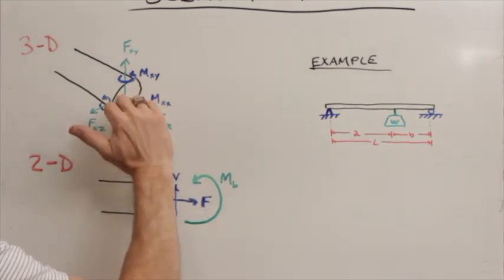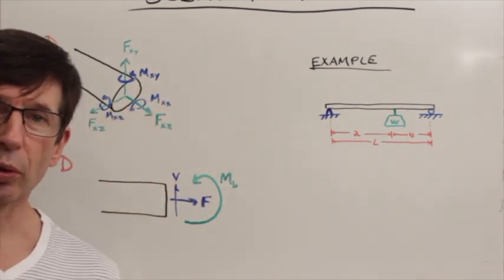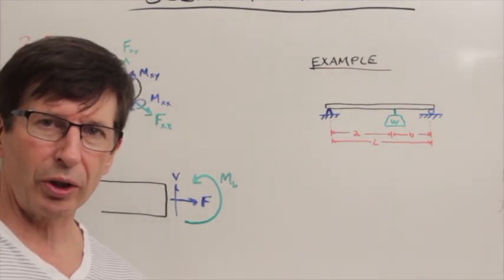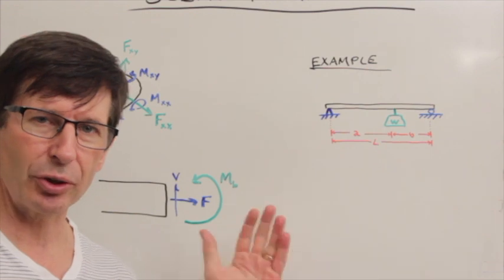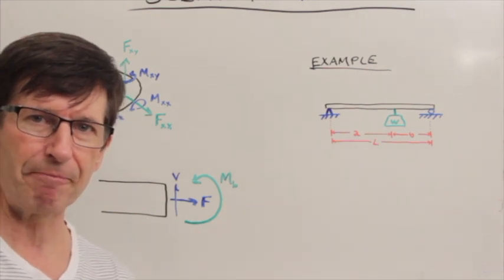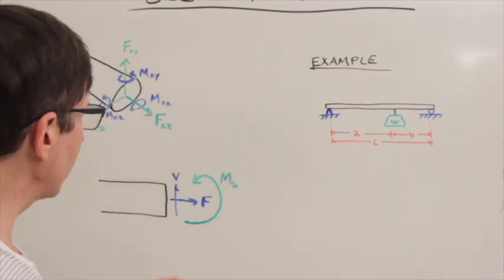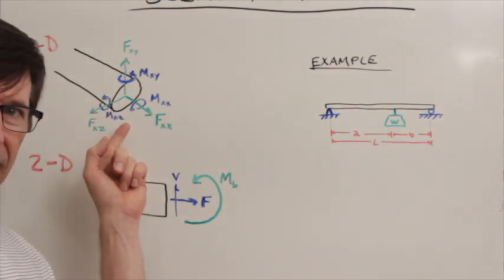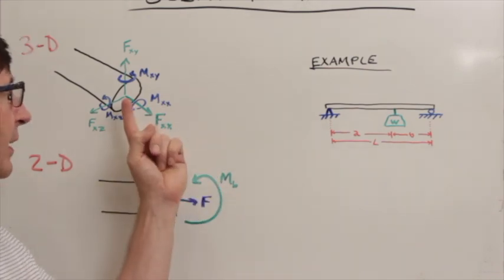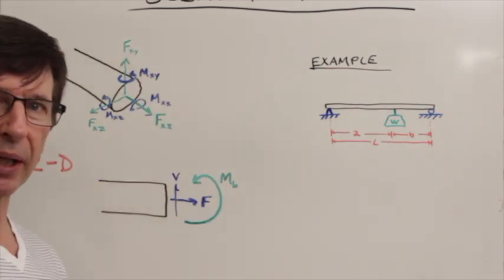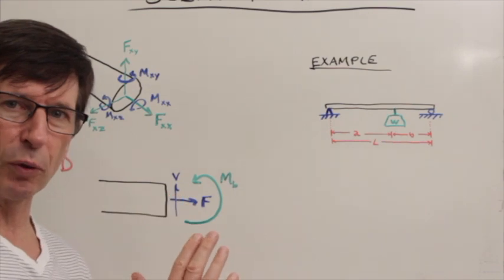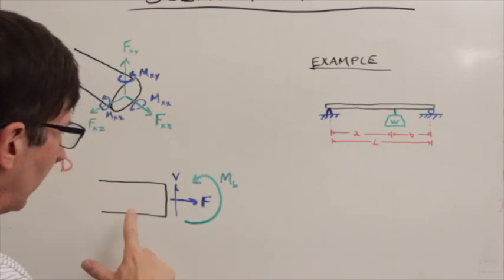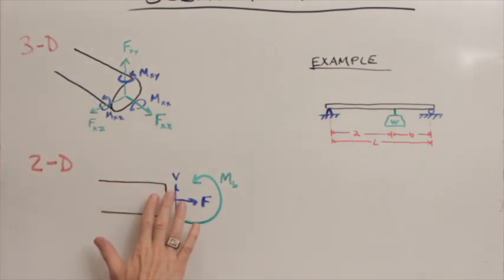Now, in order to simplify working problems, we're going to do most of our work in 2D space. And so the convention gets reduced, because if we are looking down the Z-axis with the X-axis to the right and the Y-axis up, and we're only interested in the 2 forces and 1 moment in the plane of the board, then we're left with this at the end of a 2D slender member.